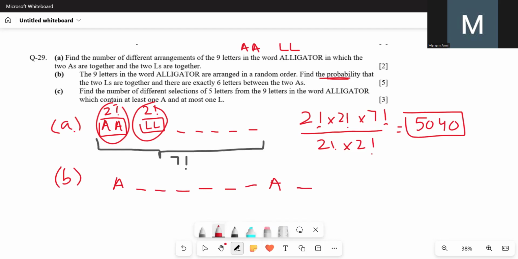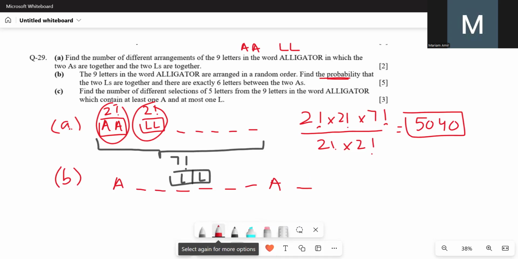So there is another 9th alphabet here. Okay, now it's saying that the two L's are together. So obviously the L's would be somewhere inside the two A's because we don't have enough numbers outside this group to accommodate two L's. Outside, we'll just have one number.